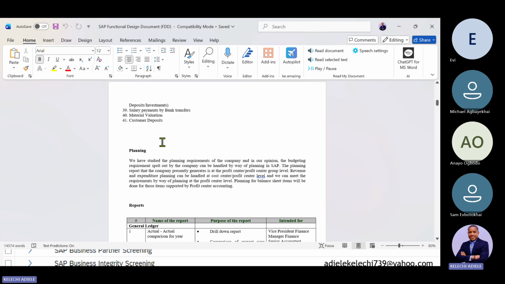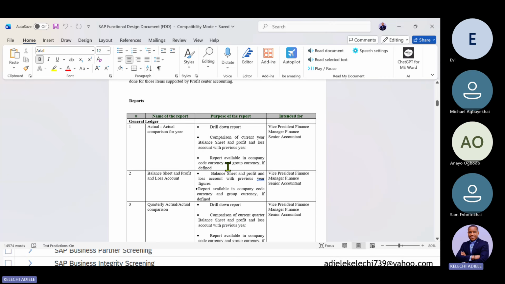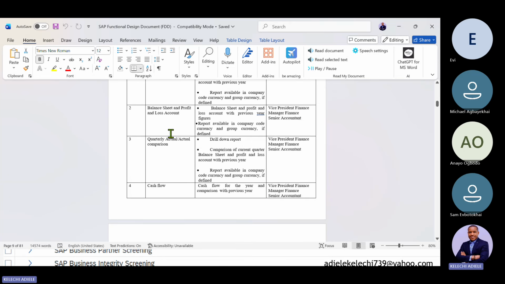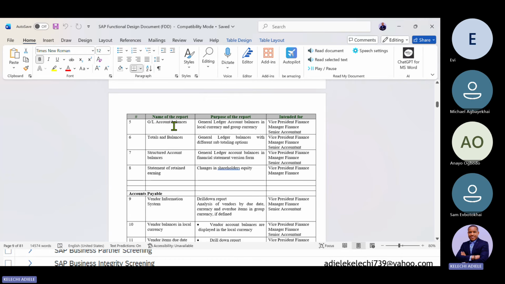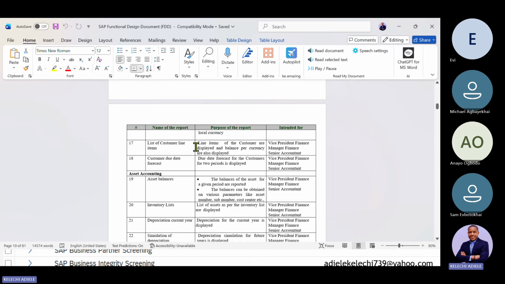I mean, hypothetically, it's not like we're going to follow it end to end, because we don't have that time. So this is planning. These are for general ledger, one of the structures. These are the reports that we're expected to produce. This is for accounts payable. These are the reports and the responsible people who own these reports.